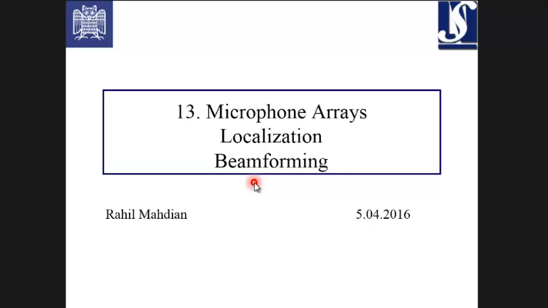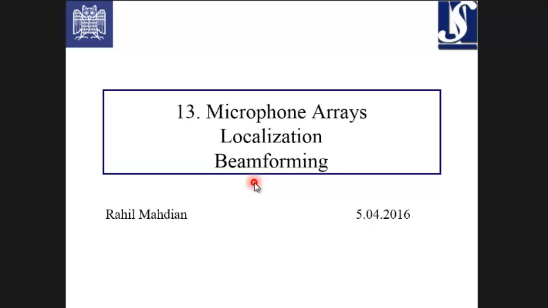But I specified the talk today to the microphones because they are more tangible and we have a lot of examples to do that. And if I can finish the lecture slides in the morning class, then in the afternoon we'll try to do MATLAB examples.